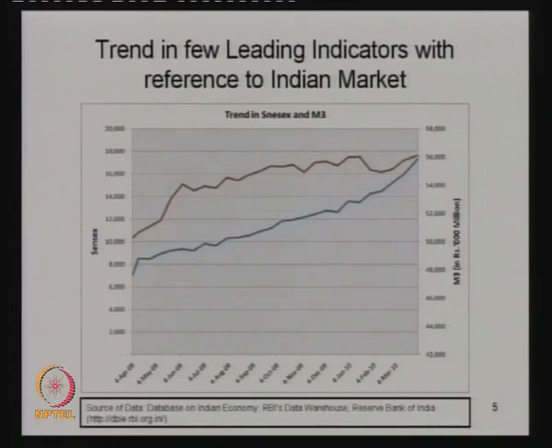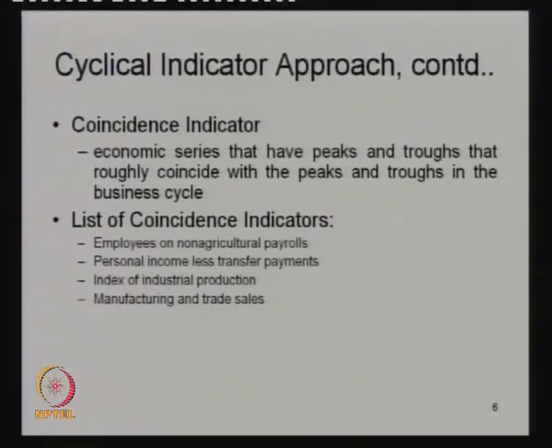There are a couple of other indicators, and combined, all these indicators put together, we will talk about whether the overall economy is going to grow ahead. Coming to the next one, we have the coincidence indicator.